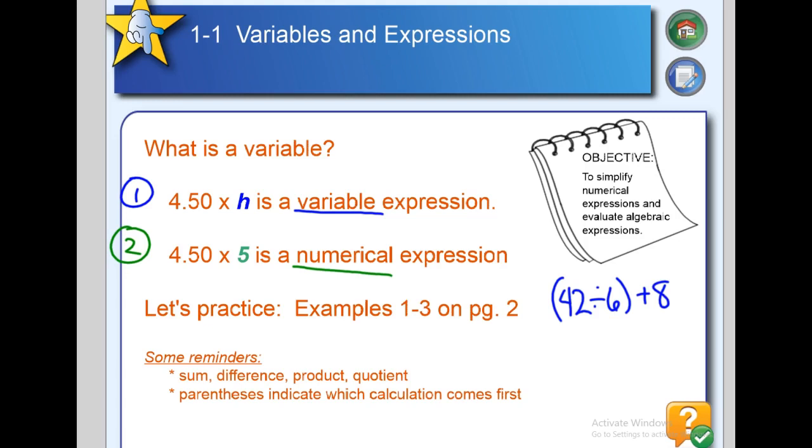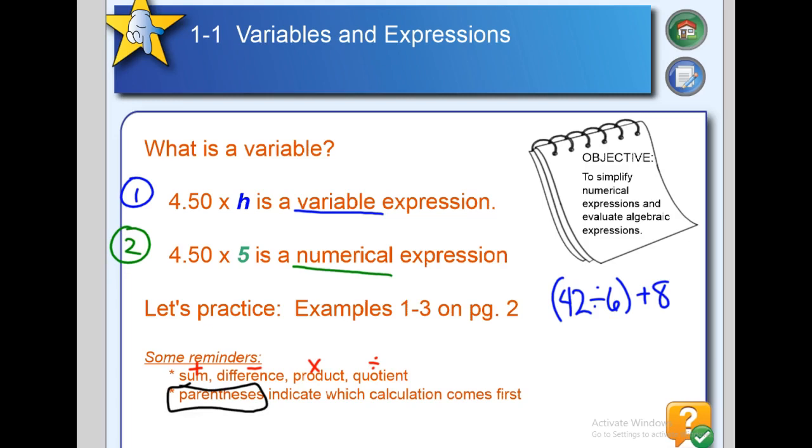Now, before we get started, I should go down here and look at some reminders. Remember, if it says they want the sum, well, we know sum is addition, the difference is subtraction, product is multiplication, and quotient is division. The other thing that's real important before we get started is whenever we see a parentheses, it says, hey, do me first.